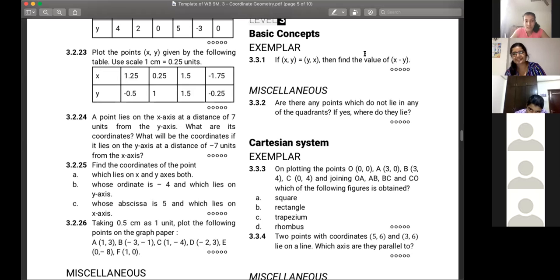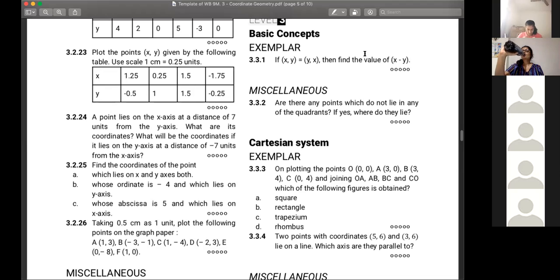Ashka, yes, that is correct. She got the answer. Samriddhi got it, correct. Aryan, Sujal got it, that is correct.